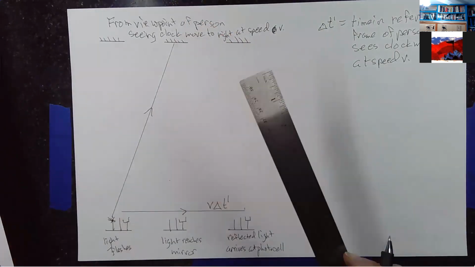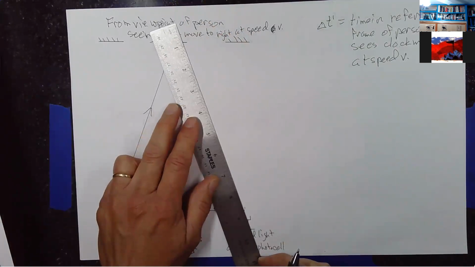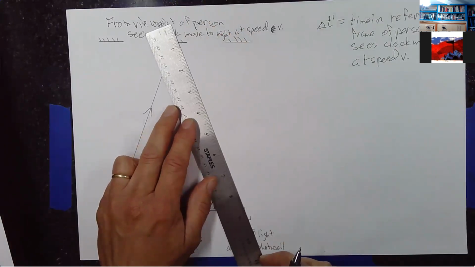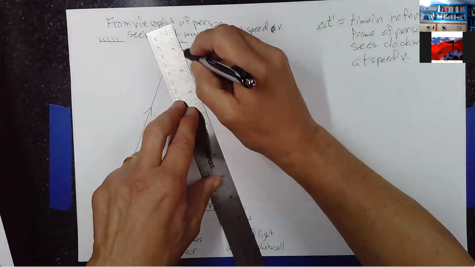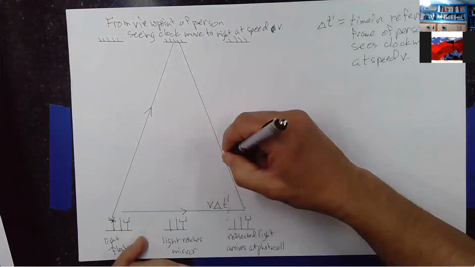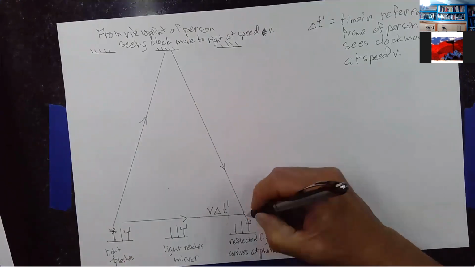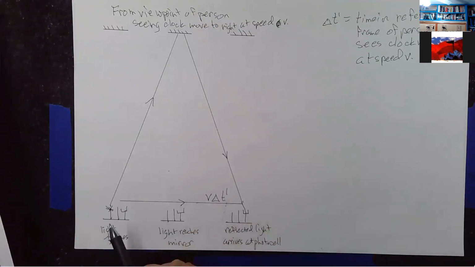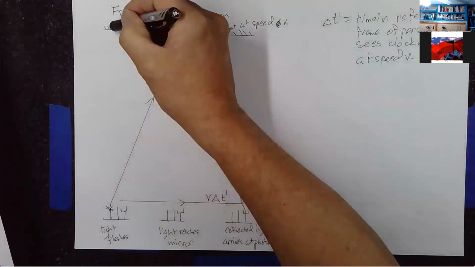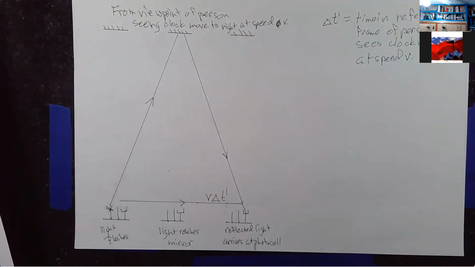And then they'll see that light come from the mirror back down to the photo cell, which they'll also see as some angle here. I didn't do the greatest job lining those up, but it's supposed to come all the way down to here. They'll say it doesn't just have to go up and down, it has to go sideways some distance as well.